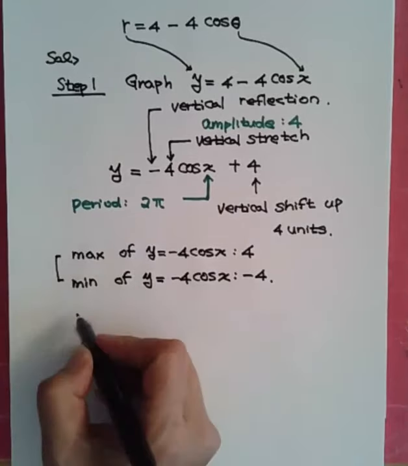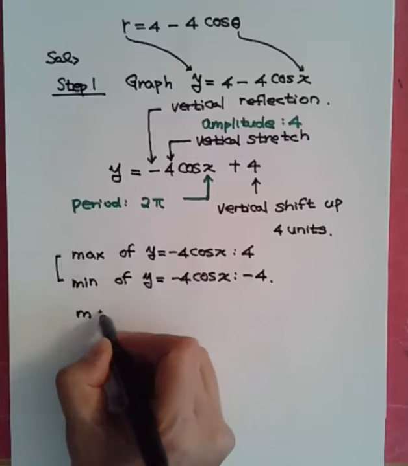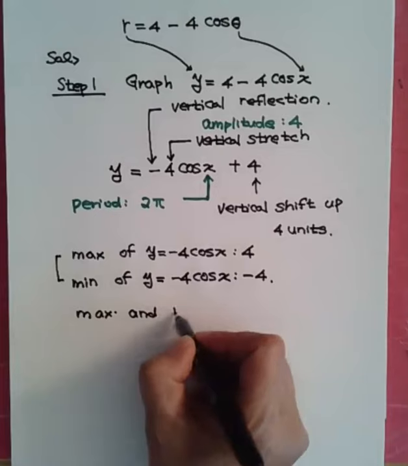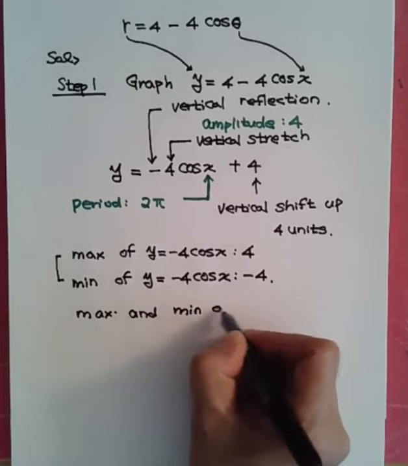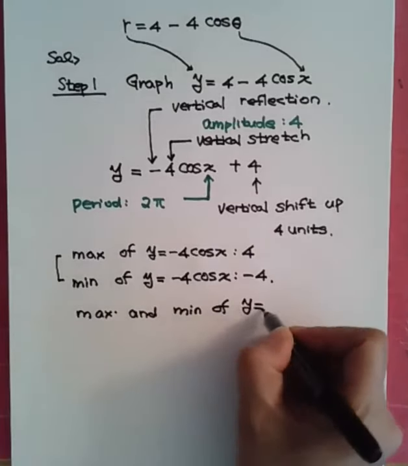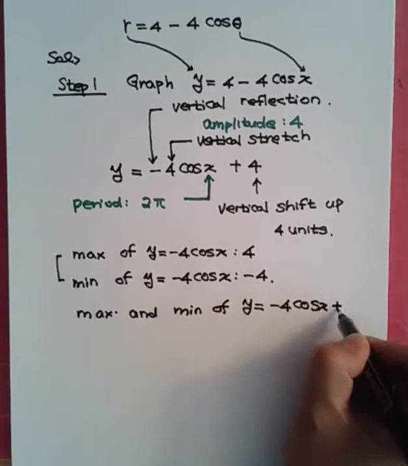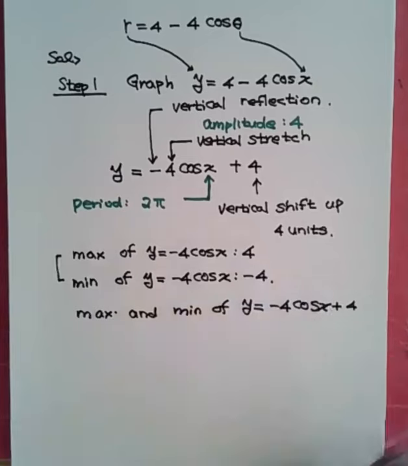Based on this, we will determine the maximum and minimum of y equals minus 4 cosine of x plus 4. We will use the vertical shift up 4 units.